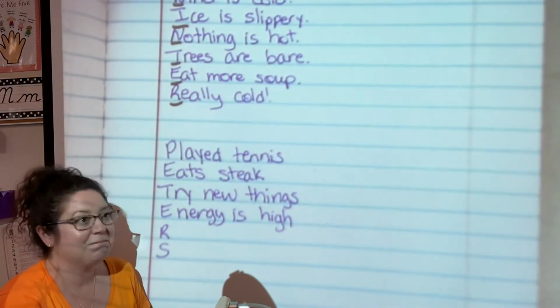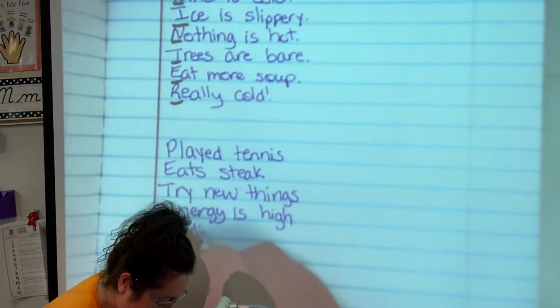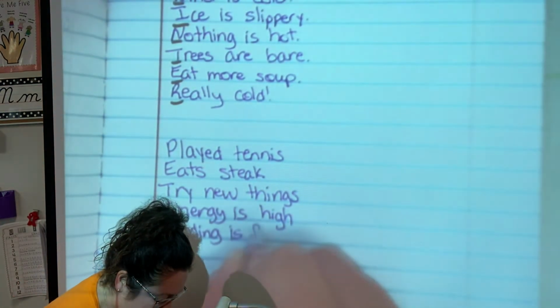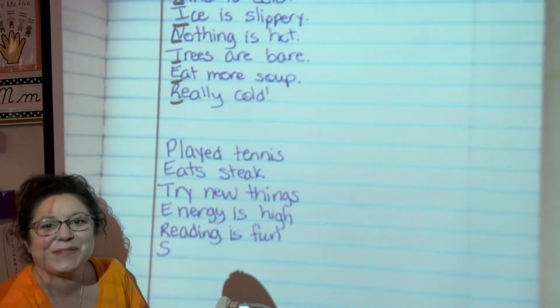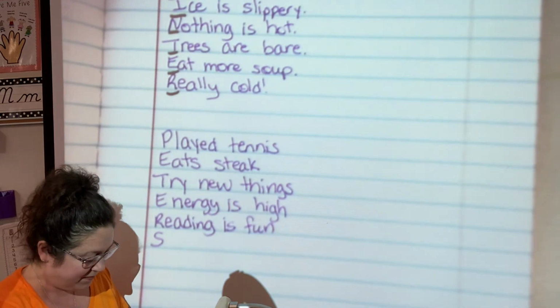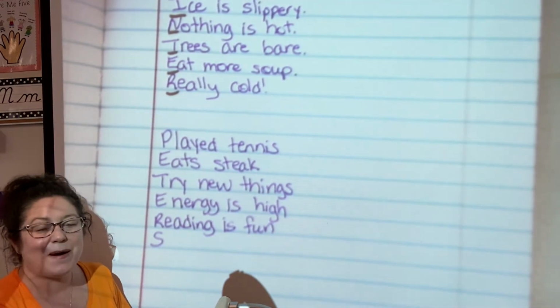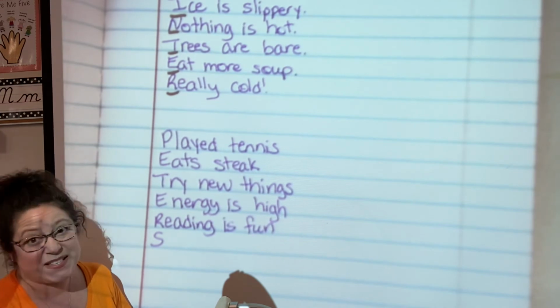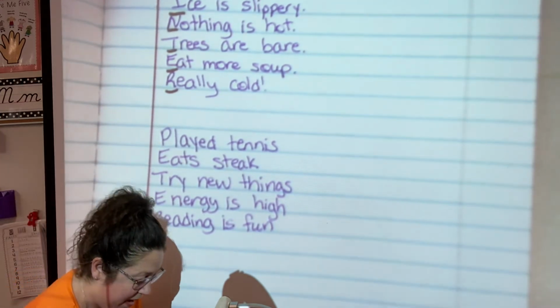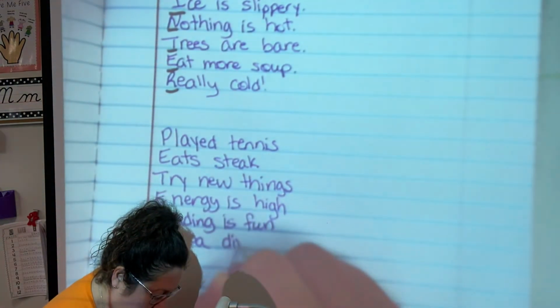R, I know this one. Reading is fun. I love to read, especially mystery books. Those are some of my favorite. Okay. S. Oh, this is something else about me you might not have known. I haven't done this in a long time, but I was a scuba diver.